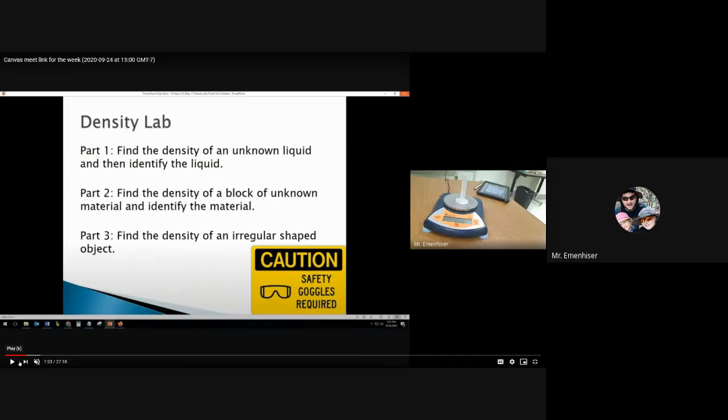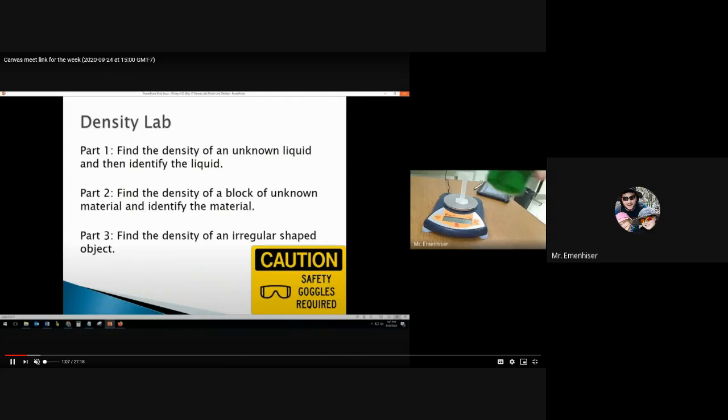Part 3, we'll just find the density of an irregular shaped object by displacement, but we won't have to identify the object. We're just going to find its density. So the goal of this lab is to practice density and to see if we can identify some unknown liquids and objects, which is kind of cool.